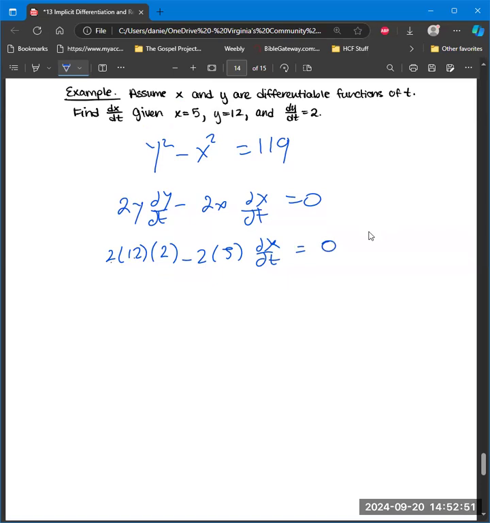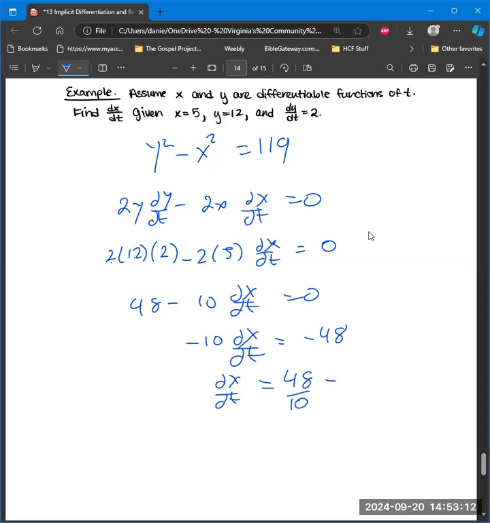So 2 times 12 times 2 is 48, minus 10 dx/dt equals 0, so negative 10 dx/dt is equal to negative 48. dx/dt is equal to 48 over 10, which is 24 over 5. That's also the same thing as 4.8. All right.